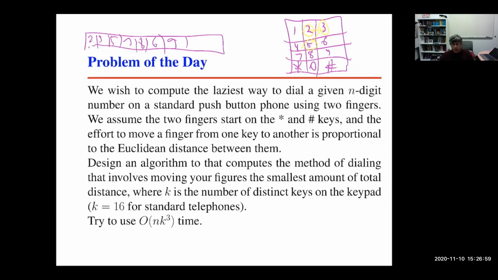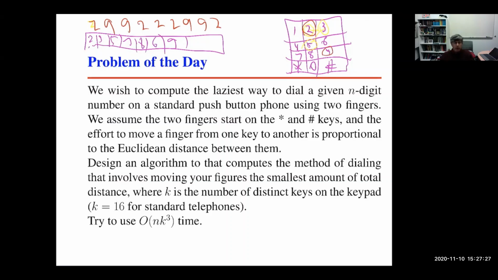If the phone number you're dialing is 29922229992, then obviously you would be best off positioning your fingers at 2 and 9 and then going blip, blip, blip, blip, blip. The question is, for any number, could we find the most efficient way to deal with it?